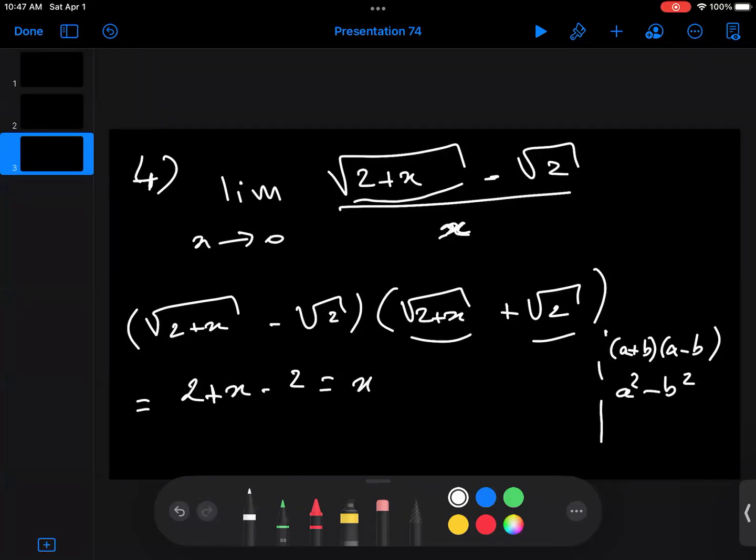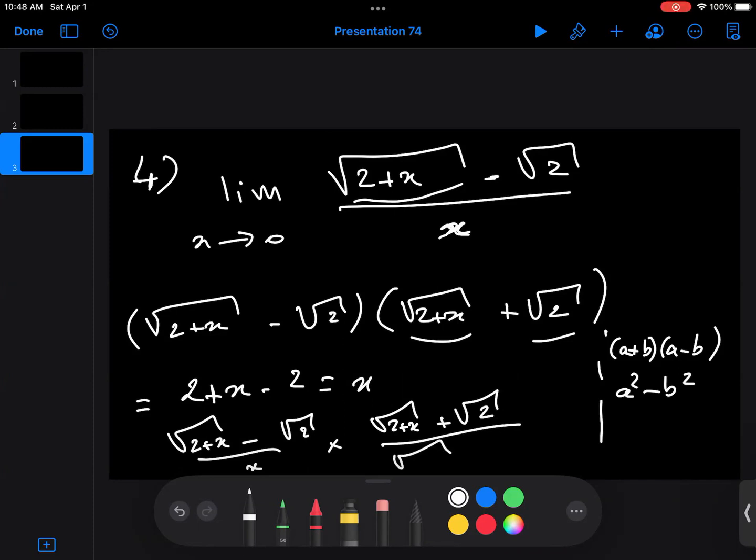So now if I do square root of 2 plus x minus square root of 2, divided by x, times square root of 2 plus x plus square root of 2, divided by square root of 2 plus x plus square root of 2, what do I obtain? I obtain x divided by x times square root of 2 plus x plus square root of 2.